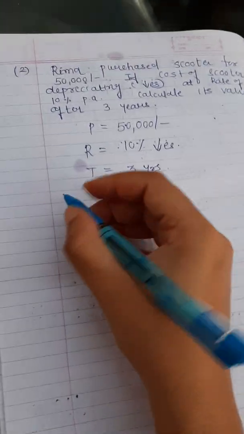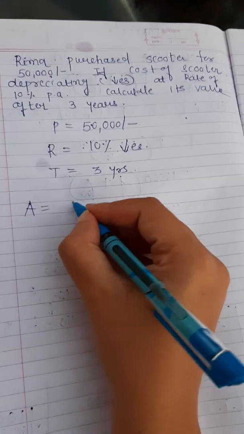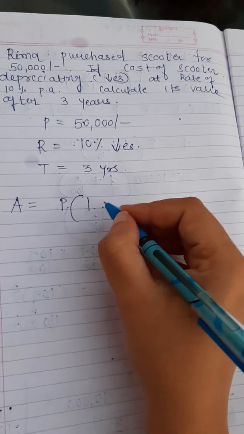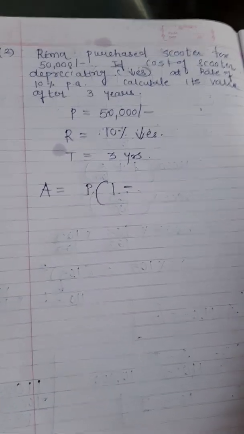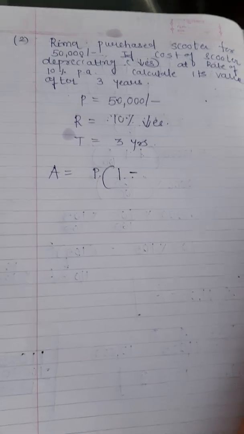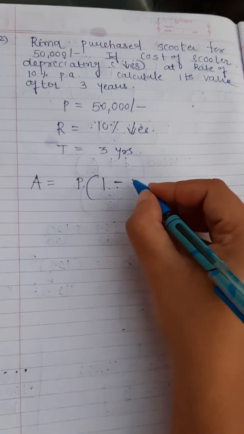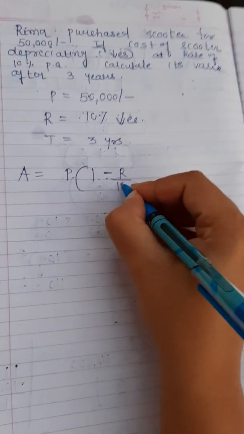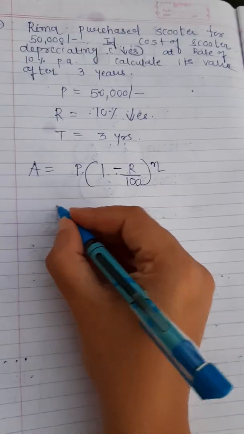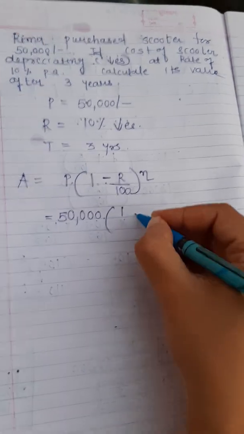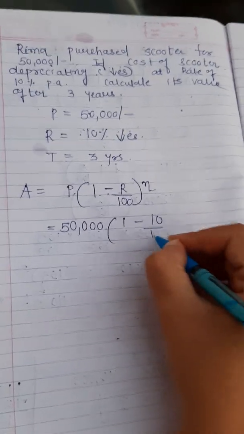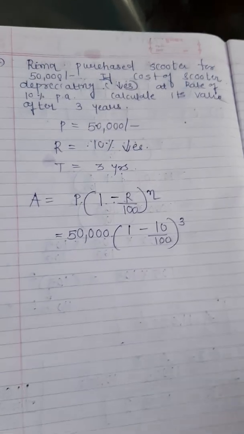Similarly, I'll put the compound interest formula here: P into (1, now here I'll use minus. Why? Because it is depreciation. Prices decrease, not increase. If it is an increment, I'll use plus. As it is a decrease, I'll use subtraction, right? minus R upon 100) raised to N. So my P is 50,000, 1 minus rate of interest 10 upon 100, raised to N, which is 3 for 3 years.